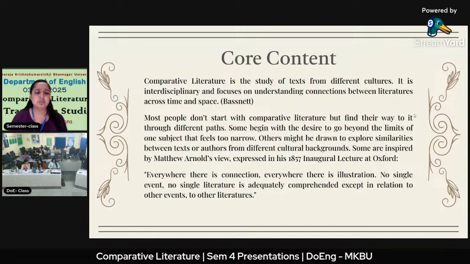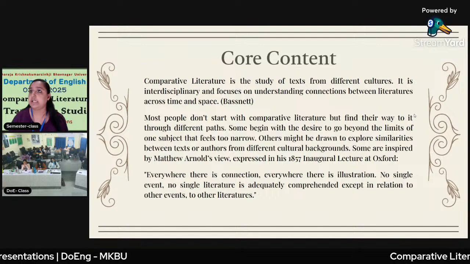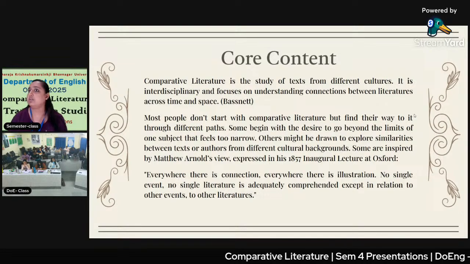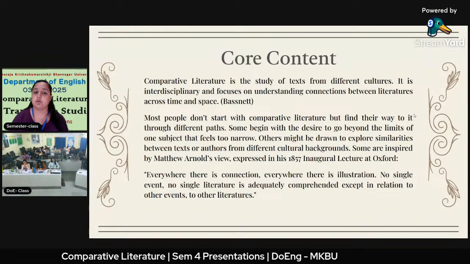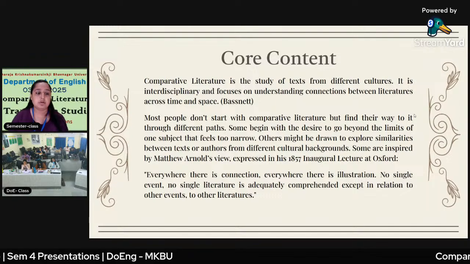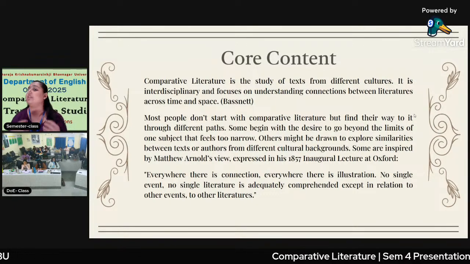Most people don't start with comparative literature, but they find their way to express their feelings and what they are thinking about literature or the world. One subject may feel too narrow, and others might be driven to explore the similarities between texts and authors from different cultures and backgrounds.